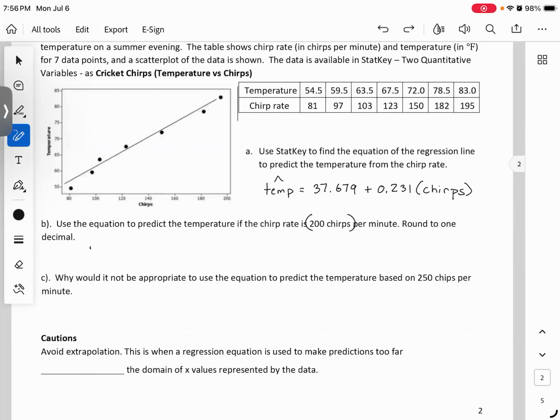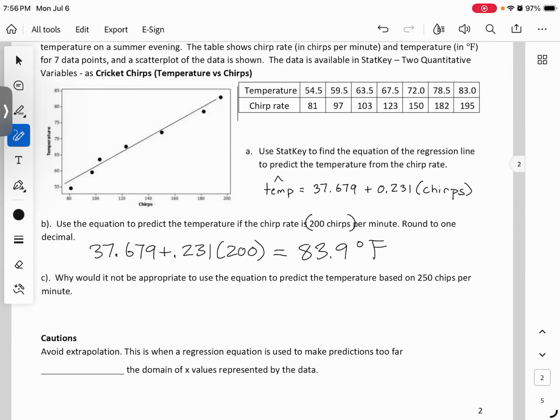So it's mainly just a calculator thing. Go ahead and put in your calculator 37.679 plus 0.231 times 200. If the crickets are chirping at a rate of 200 chirps per minute, this is how you can get what might be an estimate or a prediction of the temperature. And that would be it right there.